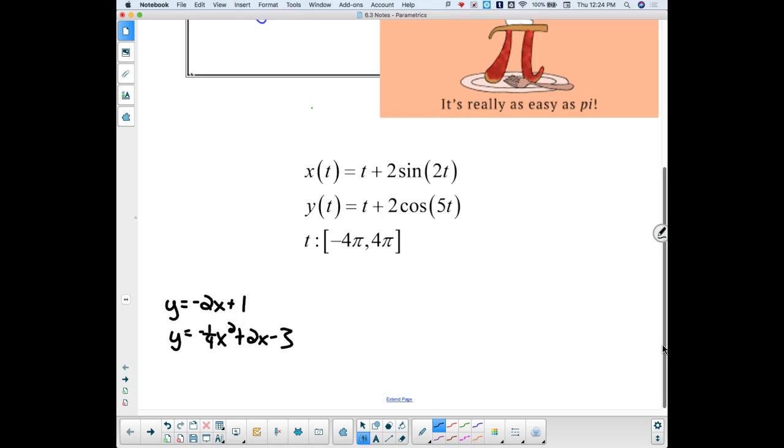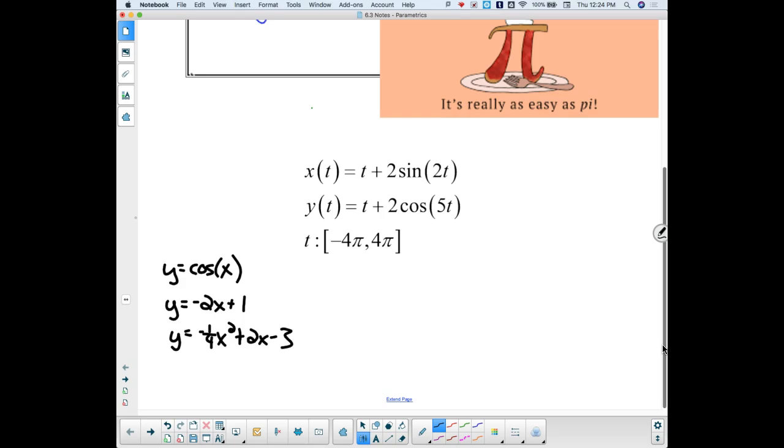What looks different? Okay, but we've graphed sines and cosines before, right? So that's not necessarily different, because I could have done y equals cosine of x, and we've graphed those before. So that's not new. What else looks different?